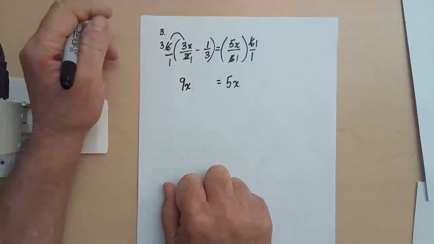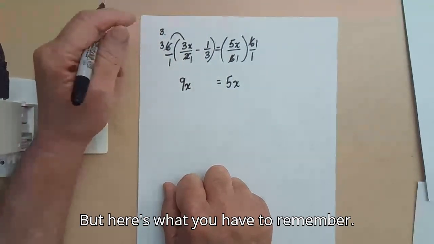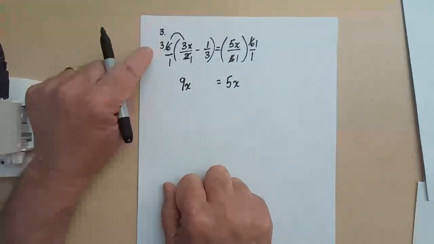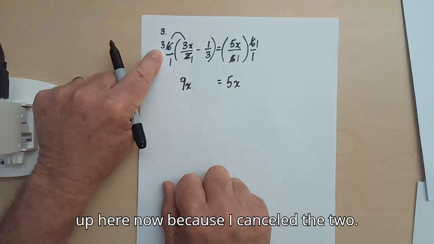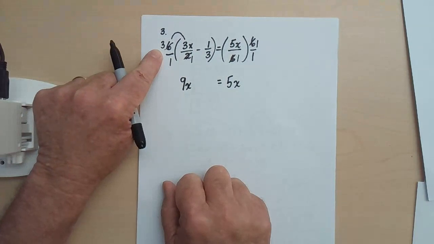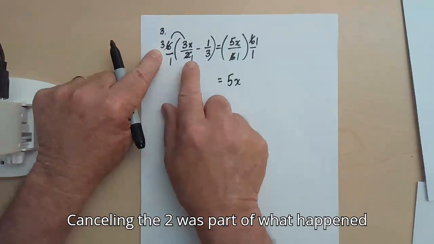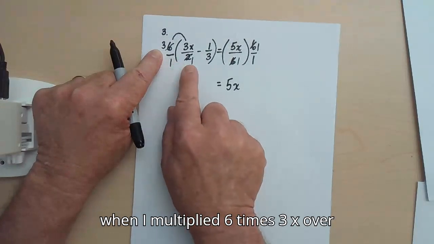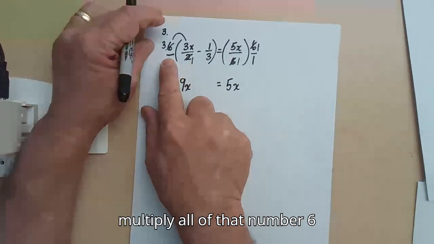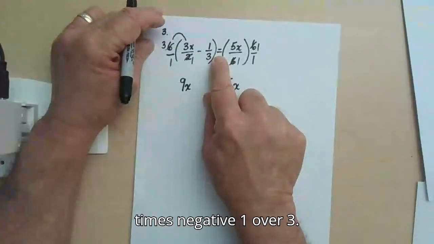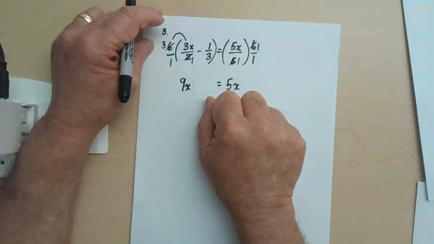Everybody see that? But here's what you have to remember. It doesn't matter that I've got a 3 up here now because I canceled a 2. Canceling the 2 was part of what happened when I multiplied 6 times 3x over 2. Do you see that I still have to multiply the number 6 times negative 1 over 3?